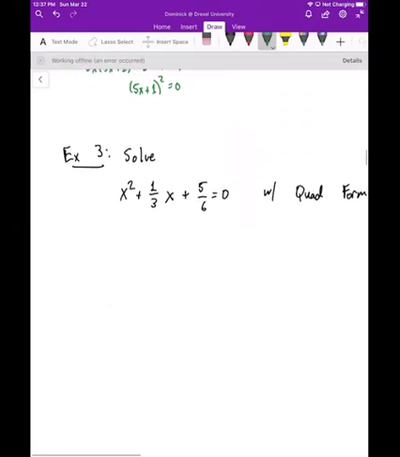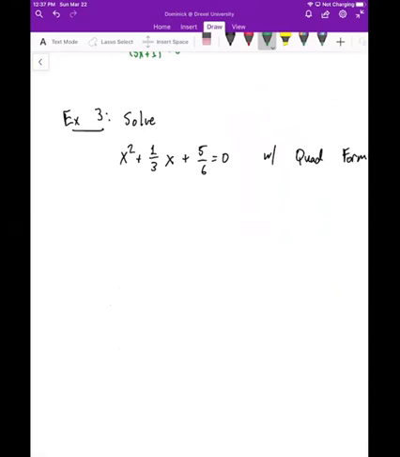Okay, now I want to look at one where we have fractions, because you could do one of two things. If you keep it as is, then your a is 1, your b is 1/3, and your c is 5 over 6.